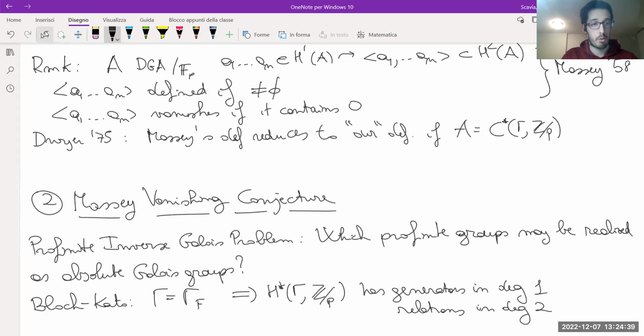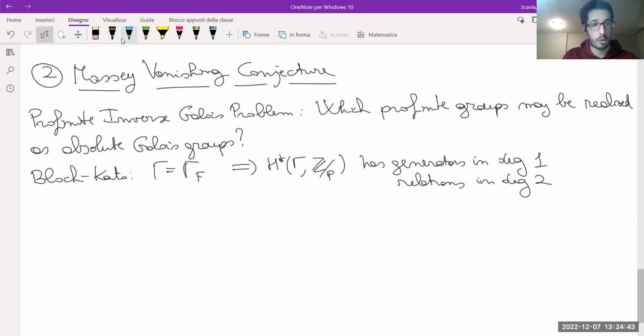In some sense, the Massey vanishing conjecture tries to move forward this consequence of Bloch-Kato, to better understand H star of Gamma with Z/p coefficients.